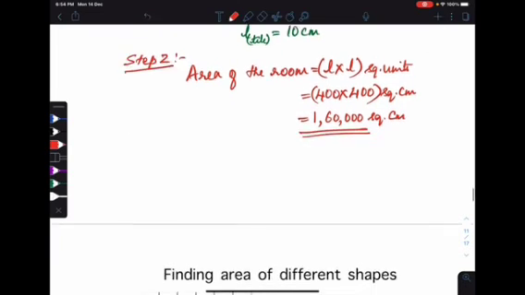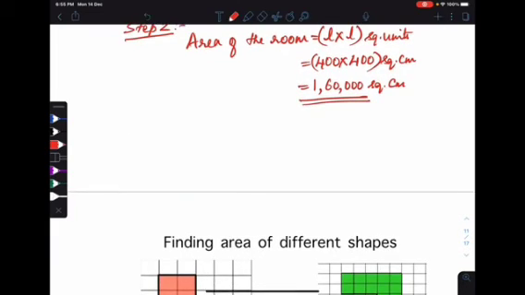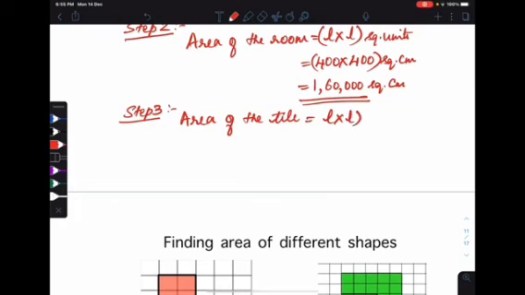Now step 3 would be area of the tile is equal to, the same formula holds good, but the length is 10 centimeters, so 10 into 10 is equal to 100 square centimeters.